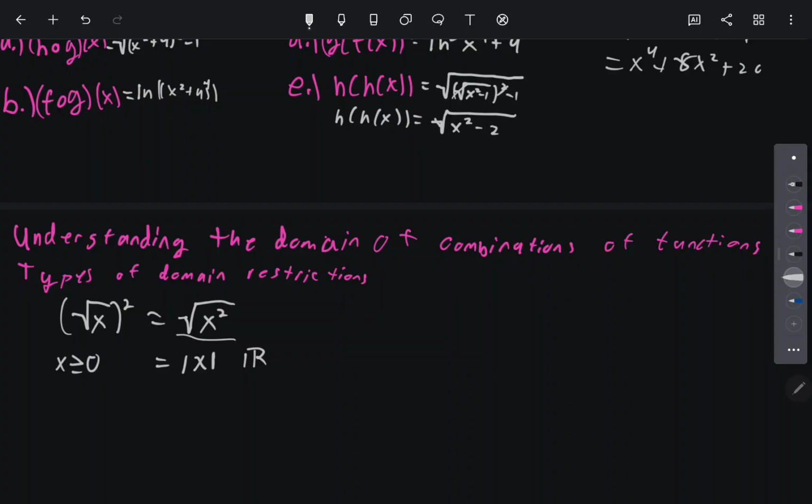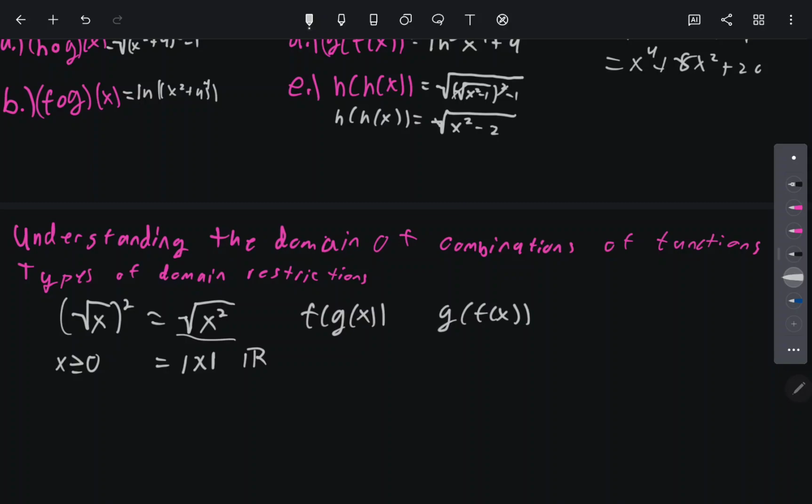The point I'm trying to get at is, in both these cases, one of these is going to be f of g of x. The other of which is g of f of x. These are not the same thing, even though they look almost identical.